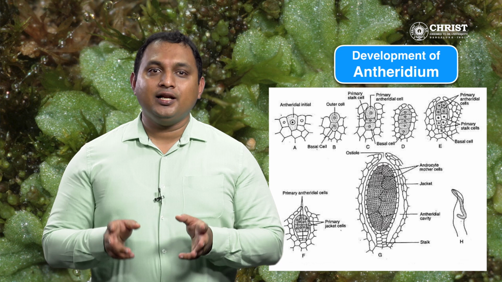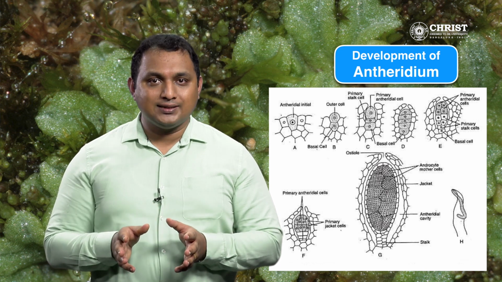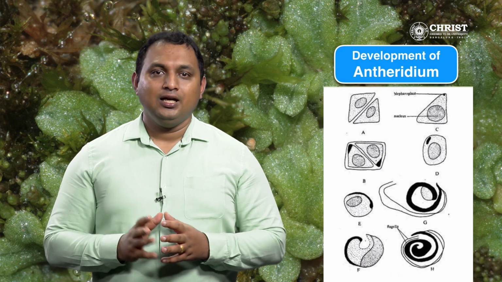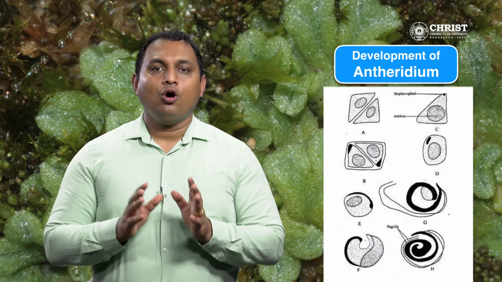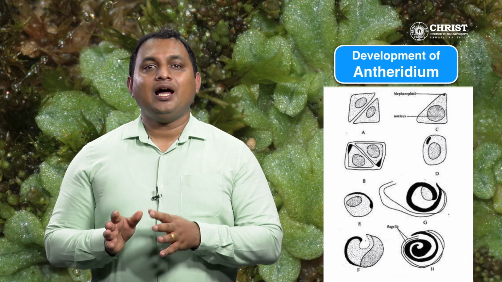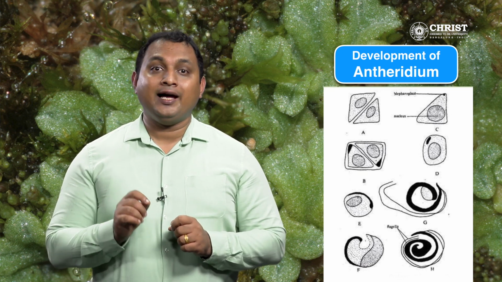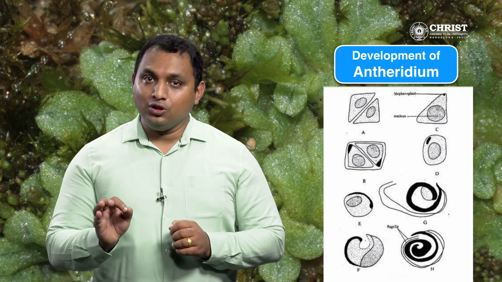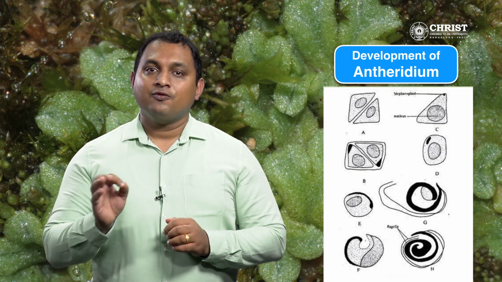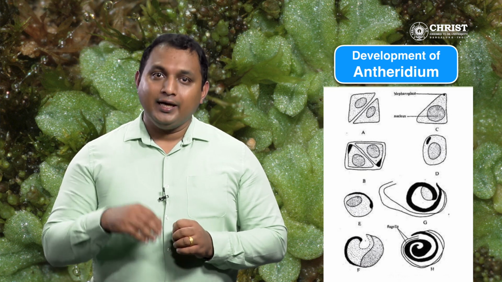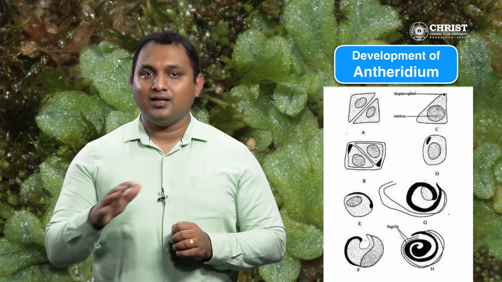The last generation of the androgonial cells is known as the androcyte mother cells. Now, through the process of spermatogenesis, the androcyte mother cell will metamorphose into anthrozoids. The anthrozoids are liberated from the antheridial chamber when water is absorbed and it breaks the jacket layer.